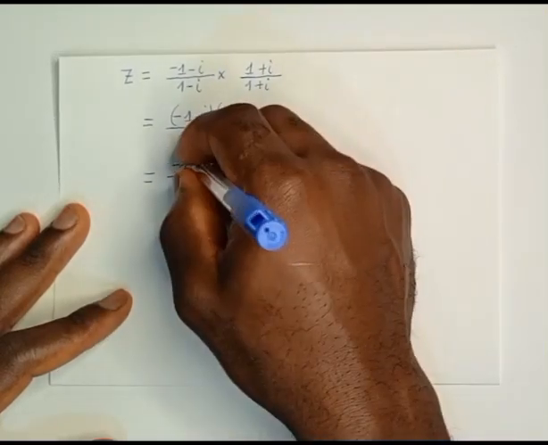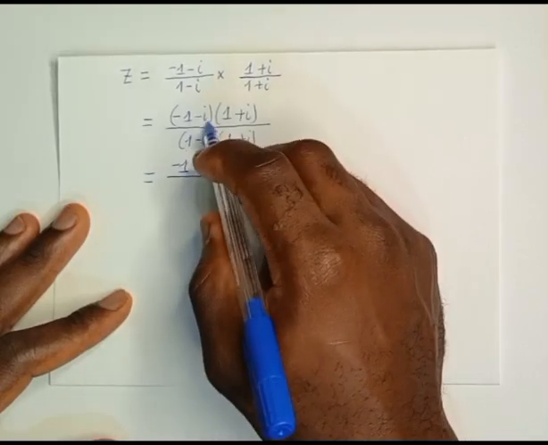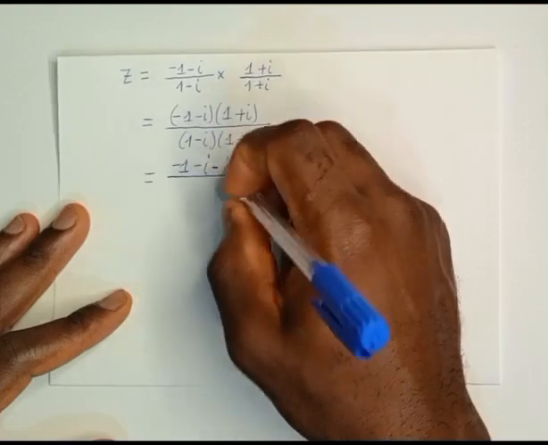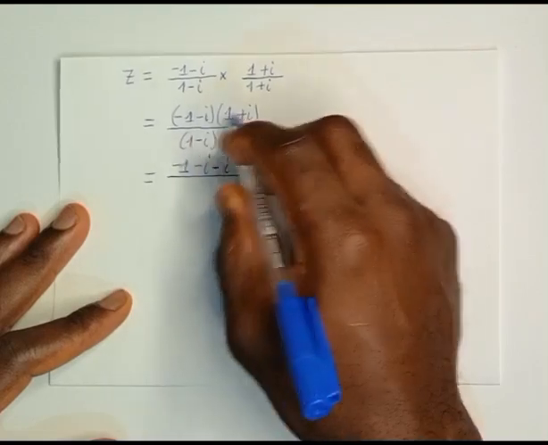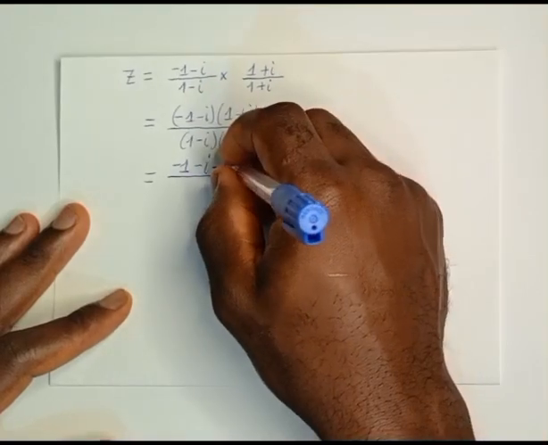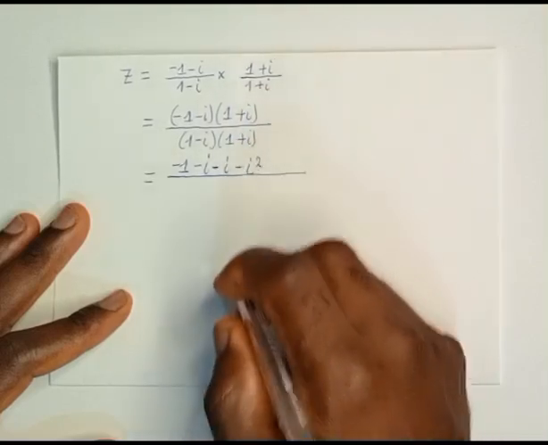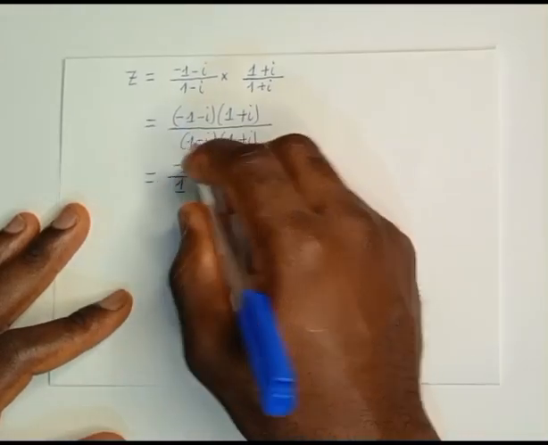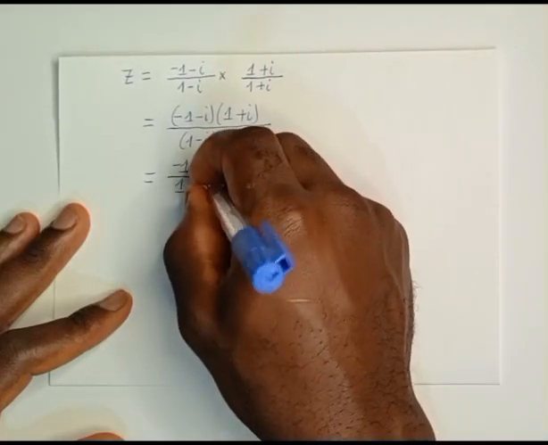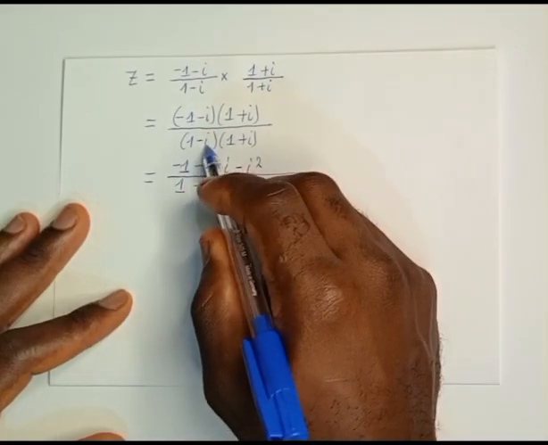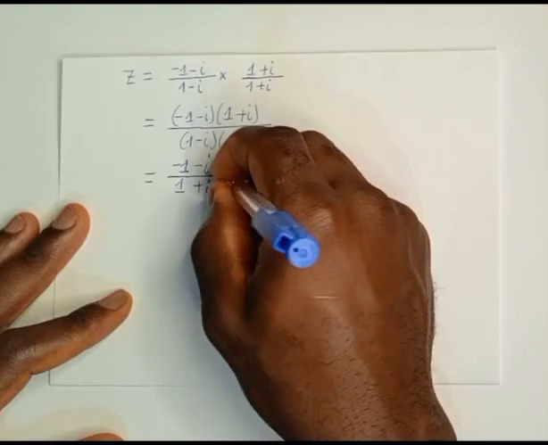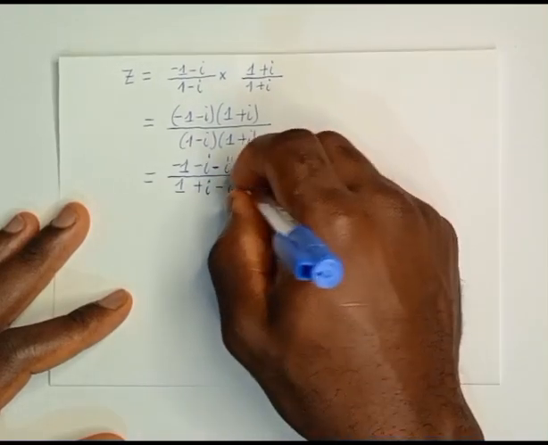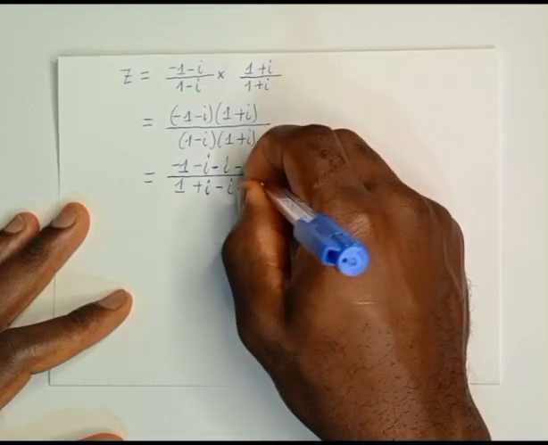Negative 1 times i gives us negative i. Negative i times 1 gives us negative i. Negative i times i gives us negative i squared. In the denominator, 1 times 1 gives 1, 1 times i gives us plus i, negative i times 1 gives us negative i, and negative i times i gives us negative i squared.